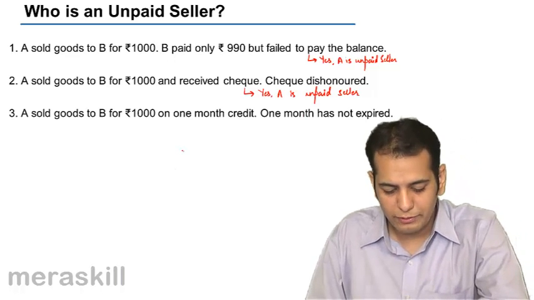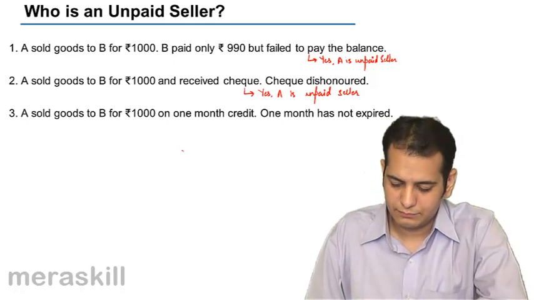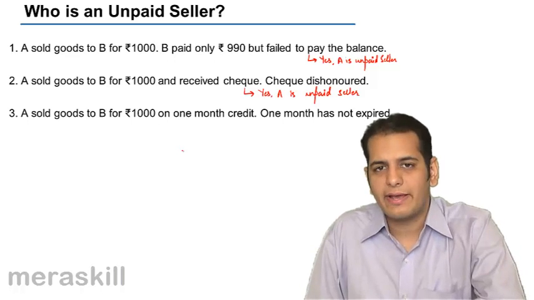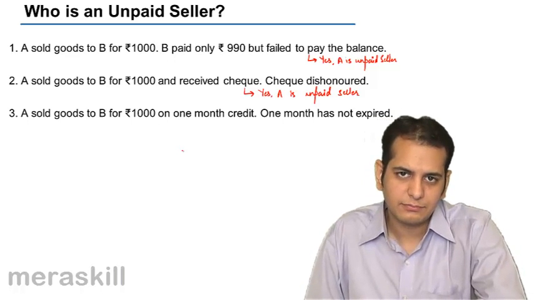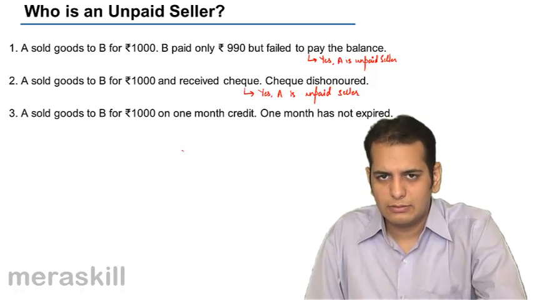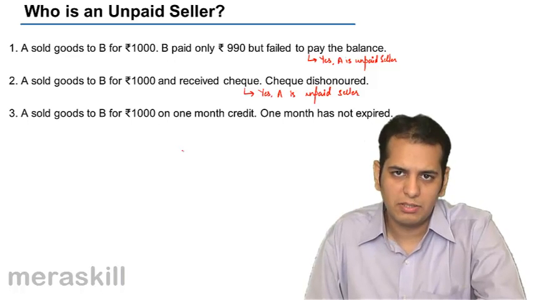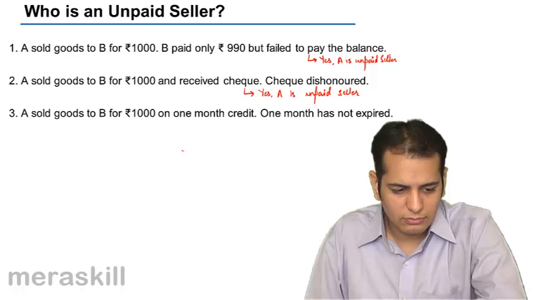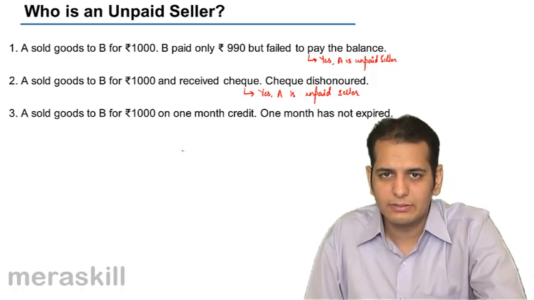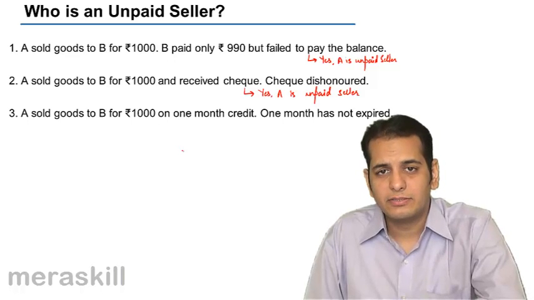Okay, let's go to the next question. A sold goods to B for 1000 on 1 month credit. 1 month has not expired as yet. Now he's given him a credit of 1000 for 1 month, and the month hasn't expired as yet. So can we say A is an unpaid seller?